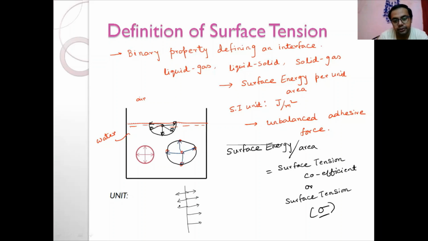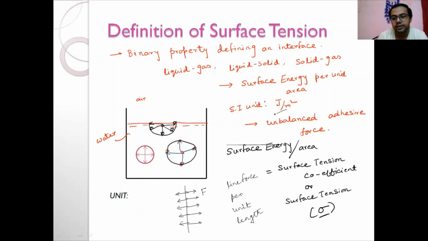If you draw some imaginary line over the surface, you can see some line force acting over there. And this line force per unit length can be defined as the surface tension. This line force per unit length is nothing but the surface tension.